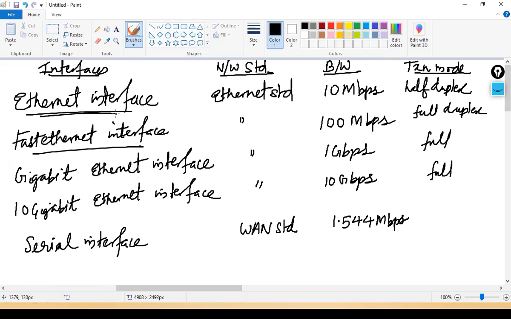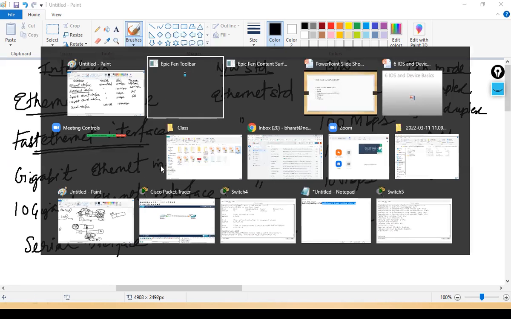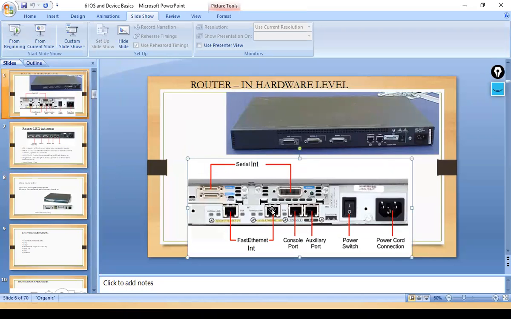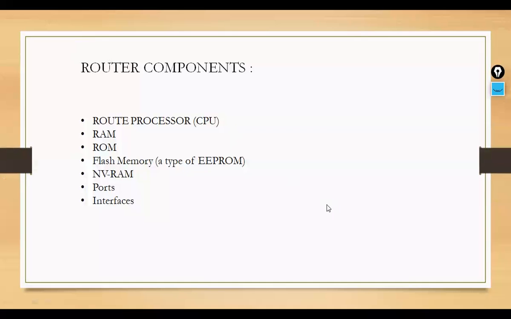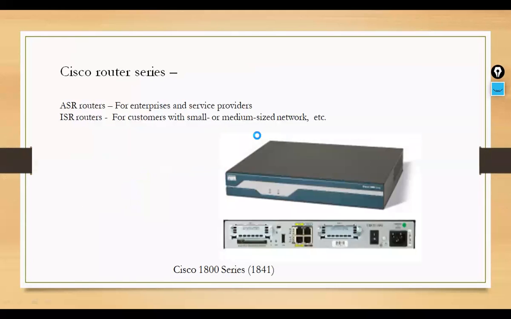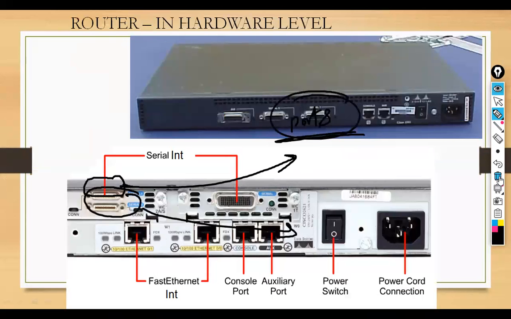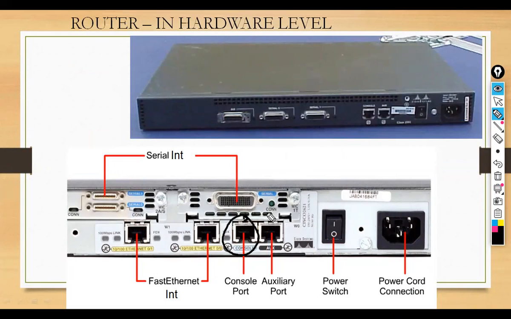So you have Ethernet interface, fast Ethernet and all, right? The Ethernet and the fast Ethernet interfaces may look like this. You can see it here. It looks like an RJ45 connector. So this is how it looks.